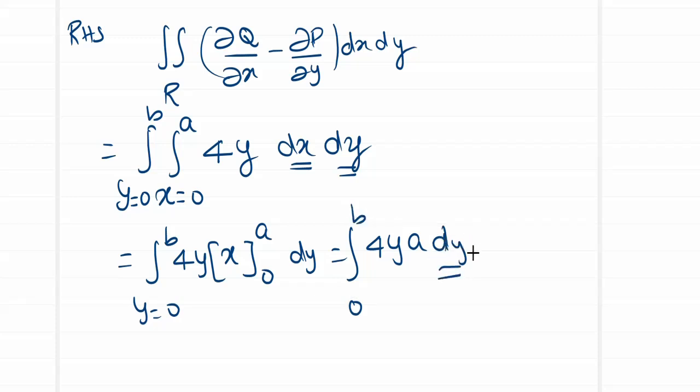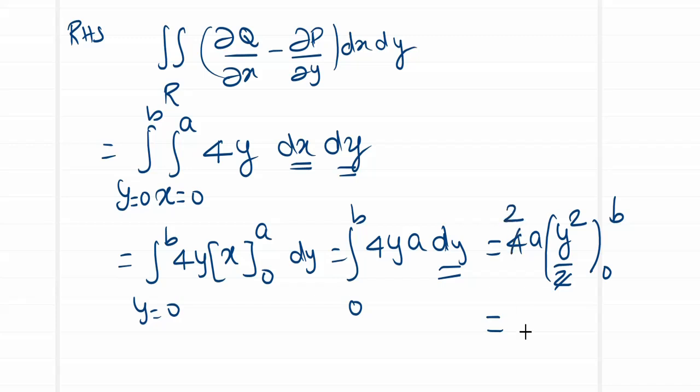When I integrate with respect to y, 4a is a constant. y on integration gives us y square divided by 2. Now apply the limit between 0 to b. So 2 can be cancelled off over here. This gives me 2a times upper limit minus lower limit, b square minus 0. So my right hand side is going to be evaluated as 2ab square.